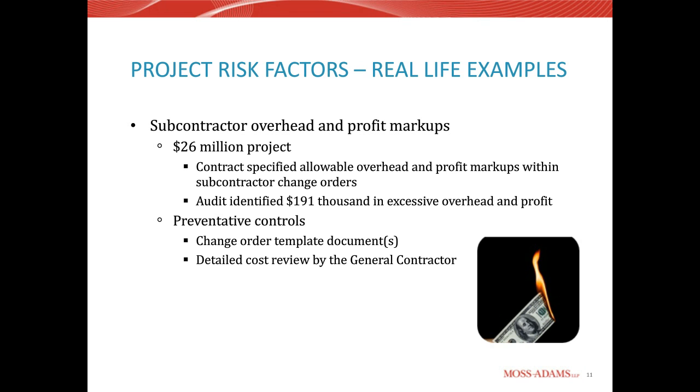So the first one is subcontractor overhead and profit markups. This is particularly within change order work. This particular project that we audited was a $26 million project. The contract had very specific terms about allowable overhead and profit markups within change orders. It was to be limited to 15%.